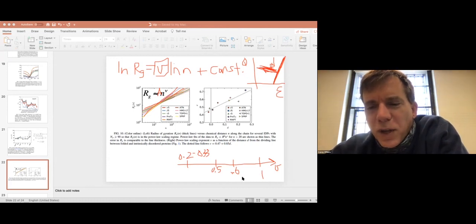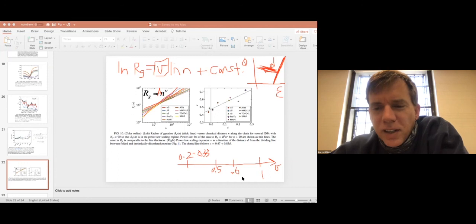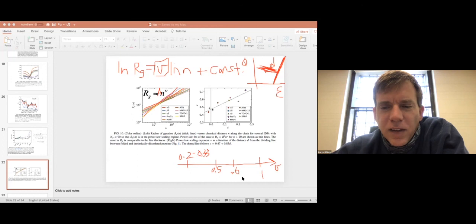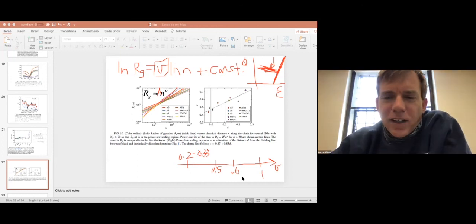That's when you start to have some attractive interactions between the monomers in the polymer, and it starts collapsing a little bit. And then if it's fully collapsed, there's currently a debate in the community, which I'm a part of: how condensed can you get? If there are still some thermal fluctuations, people think the exponent is 1/3, so it's really collapsed, but I think it can actually go lower, more like 0.25.